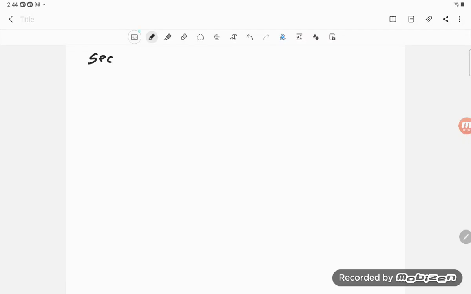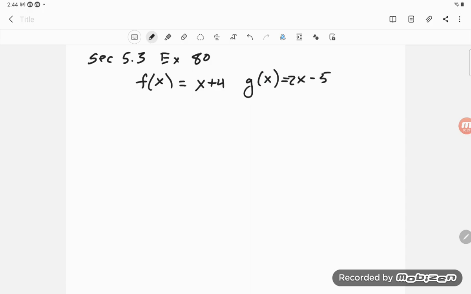Now here's section 5.3, exercise 80. And here they just give us a couple of functions and ask us to find the composition of the inverse. So it's nice they give us linear functions, f of x equals x plus 4 and g of x equals 2x minus 5.